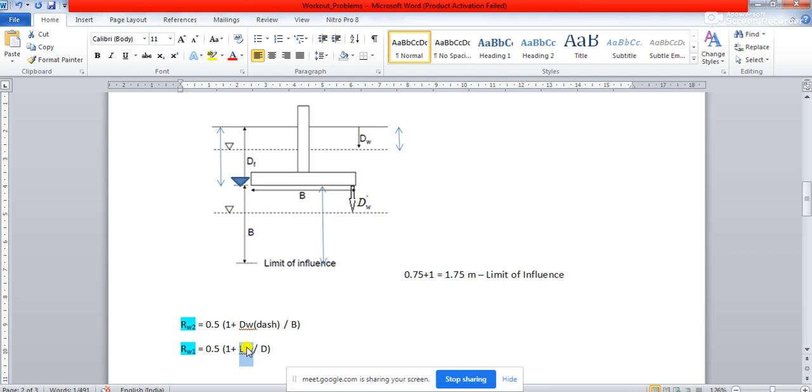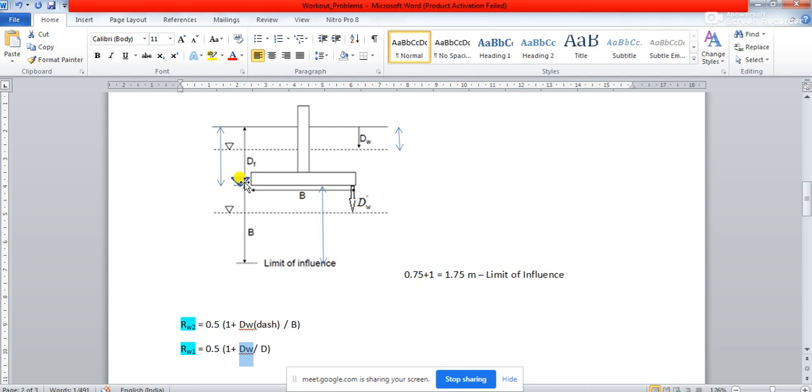If you put df over d, then df by df is 1, so 1 plus 1 into 0.5, that is going to be 1. So till the water table reaches the base of the footing, the value of Rw1 will always be 1. There will not be any change in that.